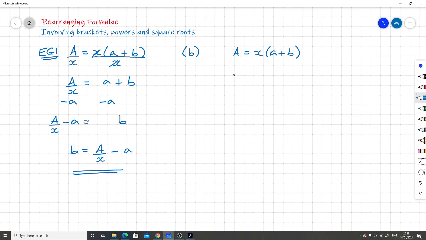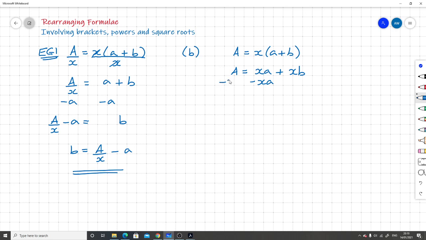But you could multiply out the brackets first to make it look easier. So x times a, xa, x times b, xb. Now we can get rid of xa, we can treat that as one term, so subtract xa, because that's plus xa on its own there. Remember, there's an invisible plus sign there. So to get rid of xa, we subtract xa.